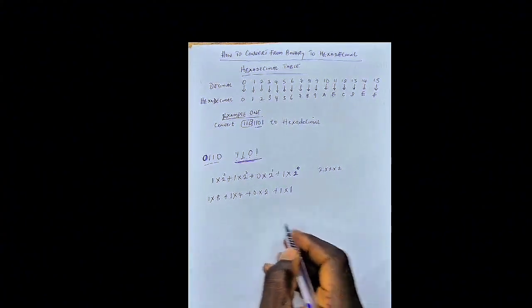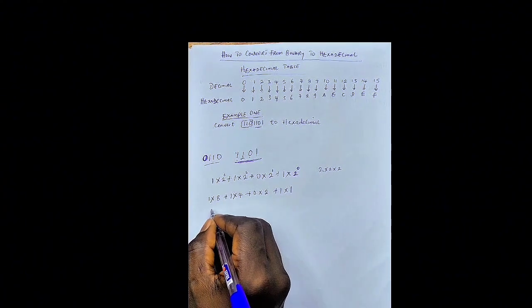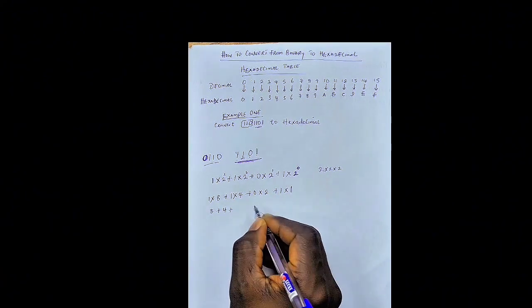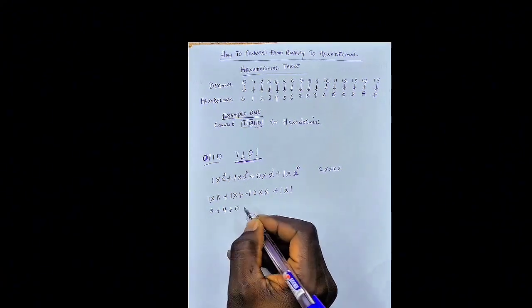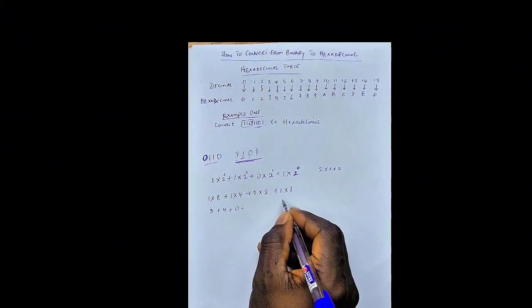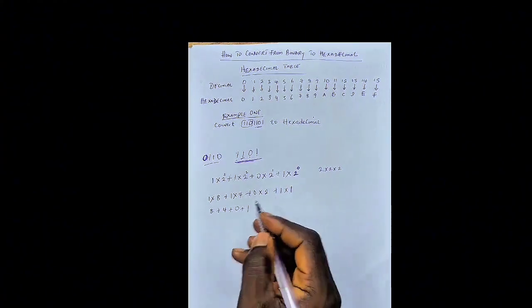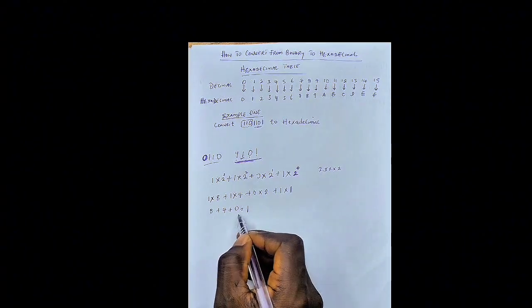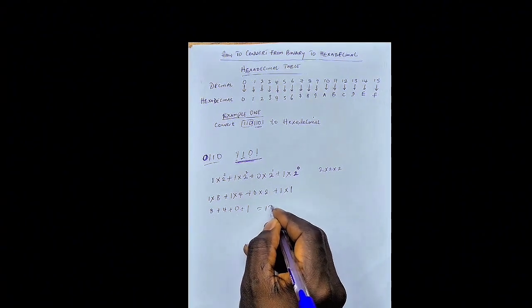So let's add all of them together: 1 multiplied by 8 is 8, plus 1 multiplied by 4 is 4, plus 0 multiplied by 2 is always 0, plus 1 multiplied by 1 is 1. 8 plus 4 is 12, plus 0, plus 1 is 13.